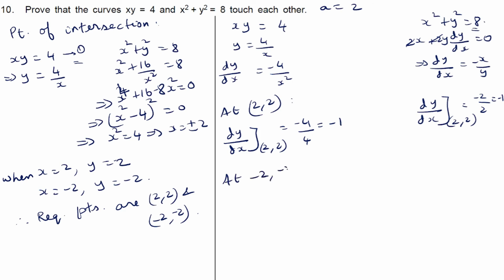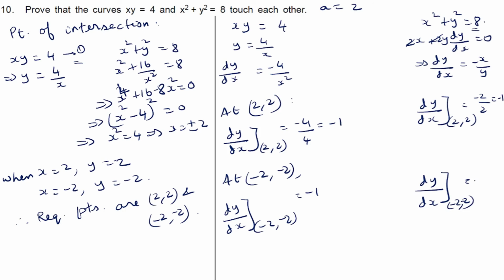Then at minus 2, minus 2, the slope of the tangent at this point to this curve is minus 4 by 4. So again it is minus 1. And the tangent to this curve at this point minus 2, minus 2 is minus of minus 2 upon minus 2, it is plus 2 upon minus 2, which is again minus 1.